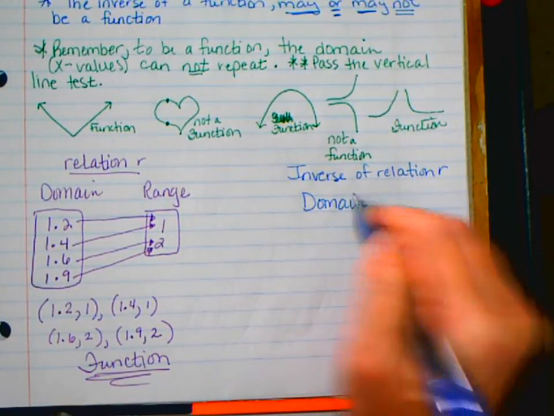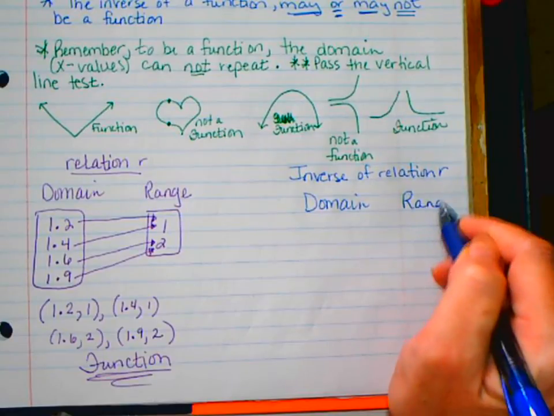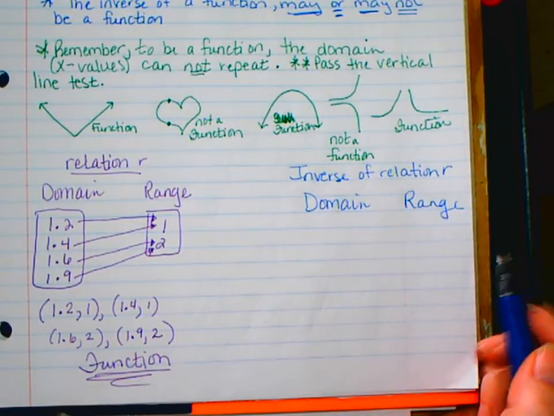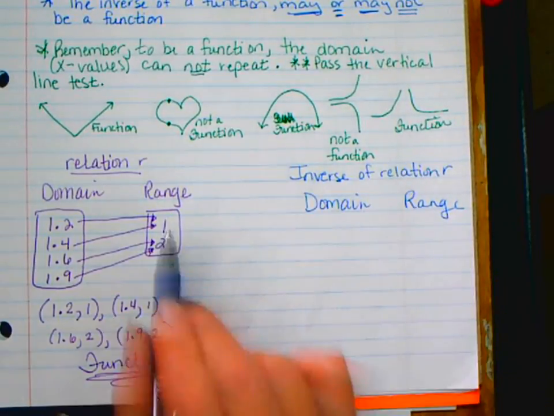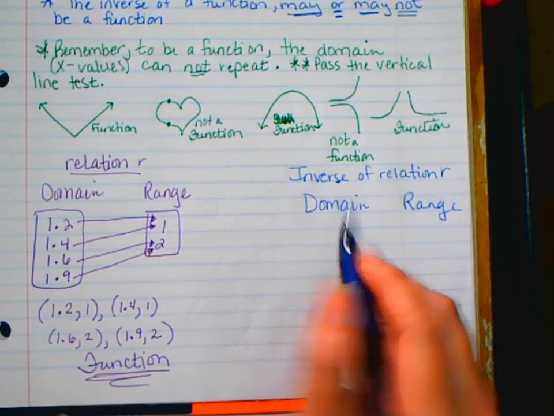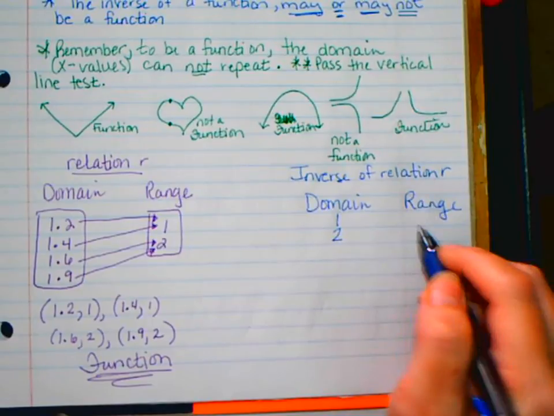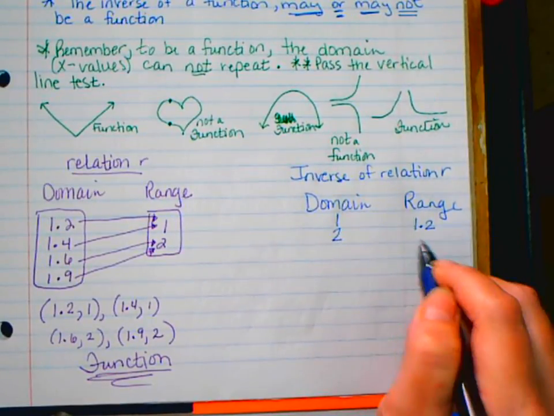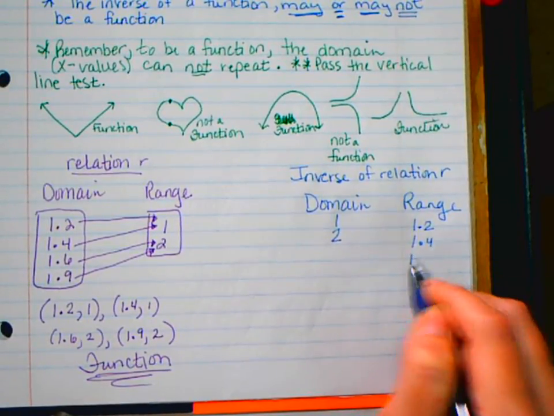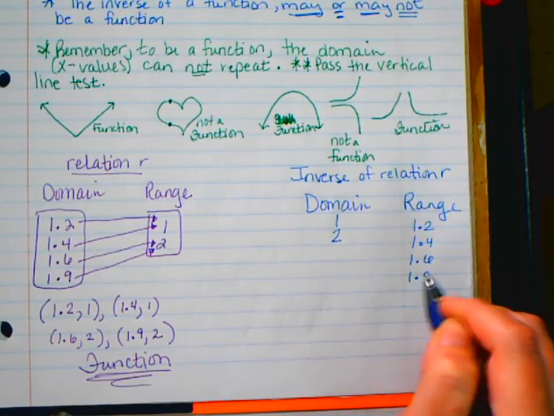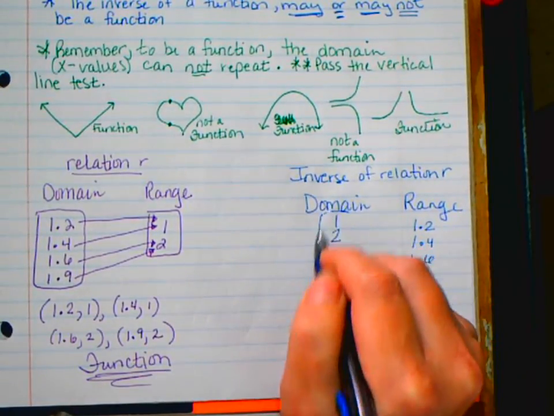And then it won't be a function. So now instead of my range being 1 and 2, my domain will be 1 and 2. And my range will be 1.2, 1.4, 1.6, 1.9. We'll still pair the same numbers together.